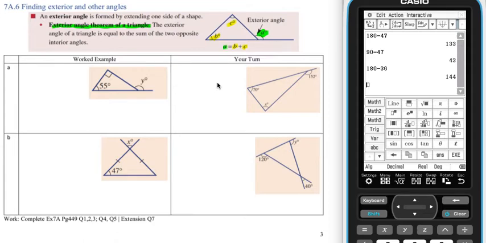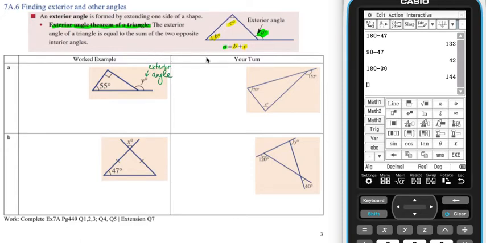So we're going to use this knowledge of the exterior angle theorem to help us work out y in this case. So off we go. Now we know that y is our exterior angle, and to work out our exterior angle we can use the exterior angle theorem.